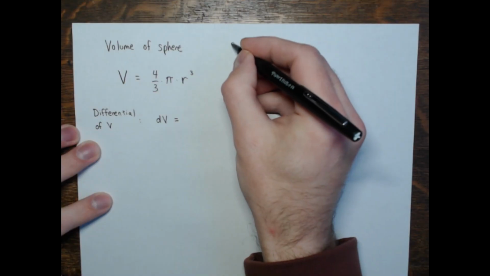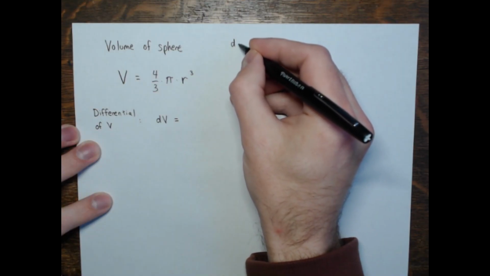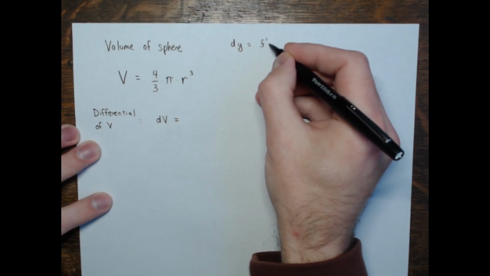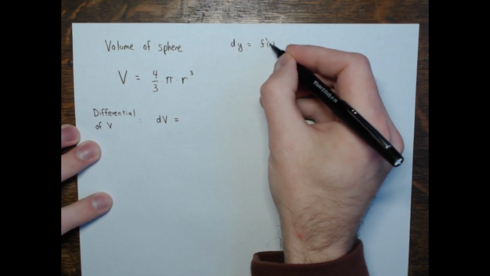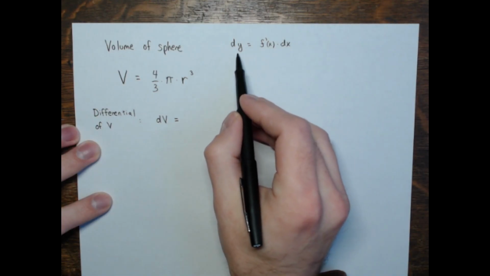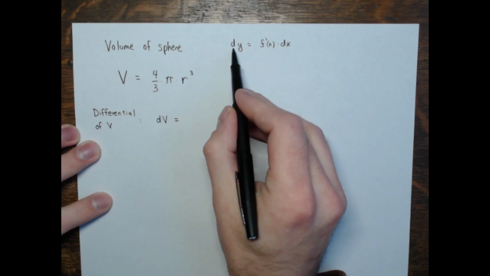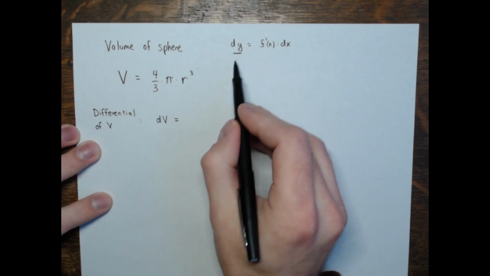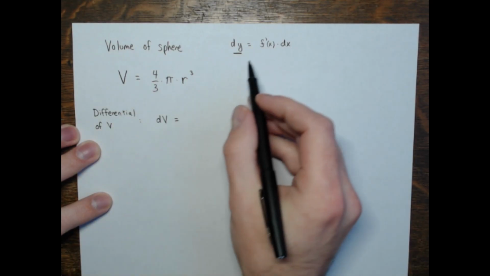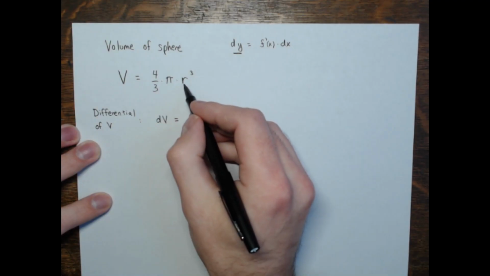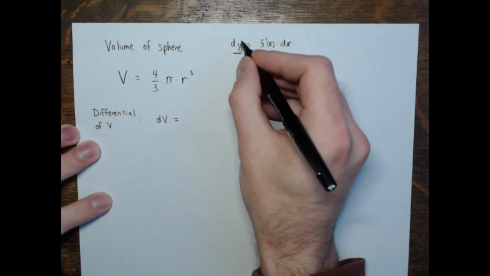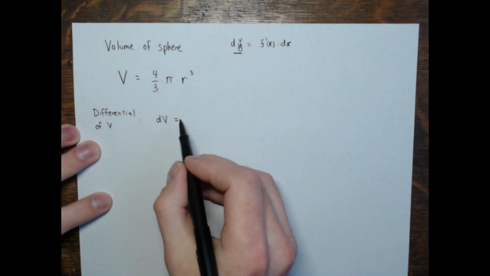And again, I mentioned that the differential of a function, say y, is f prime of x times dx. So the differential of your output, my volume here, is just the derivative with respect to the input. Now the input here is r, so instead of x it'll be r, and instead of y I got volume.